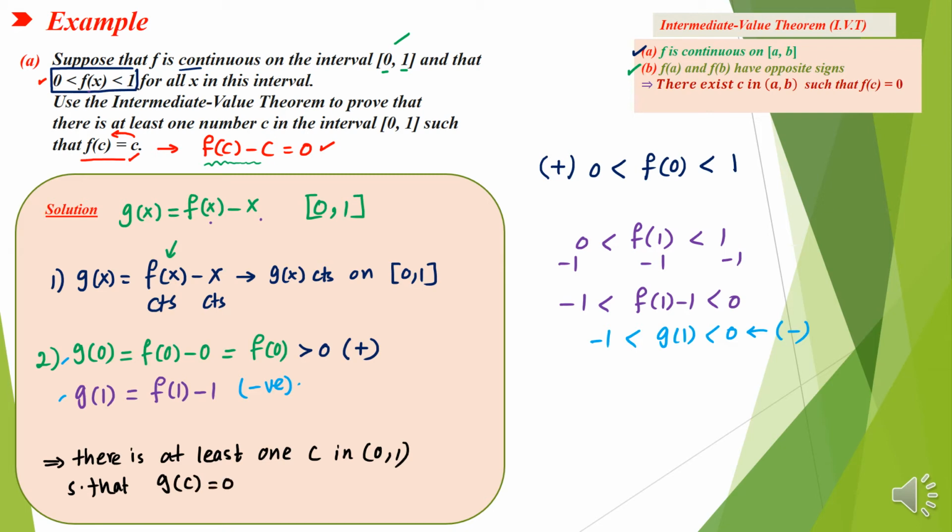But by the definition of g of x, g of c is f of c minus c equals 0, and if you move negative c to the right hand side, you will get f of c equals c, which we wanted to prove. So this is the end of part A.